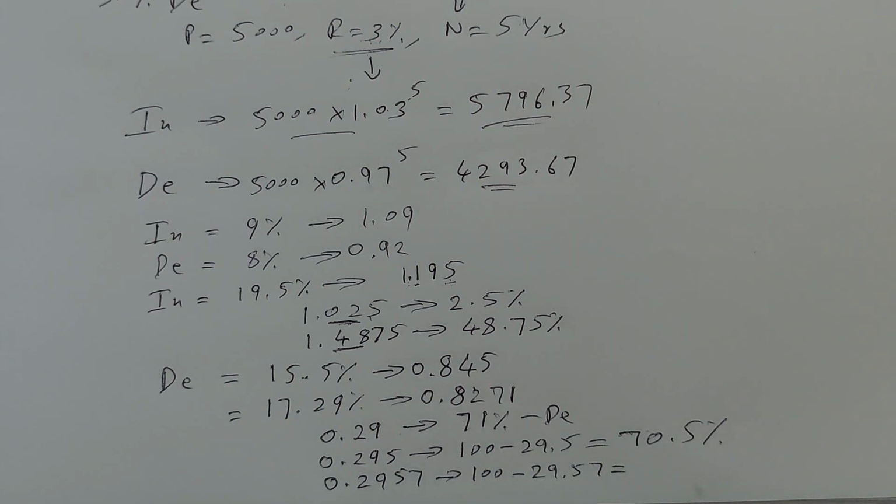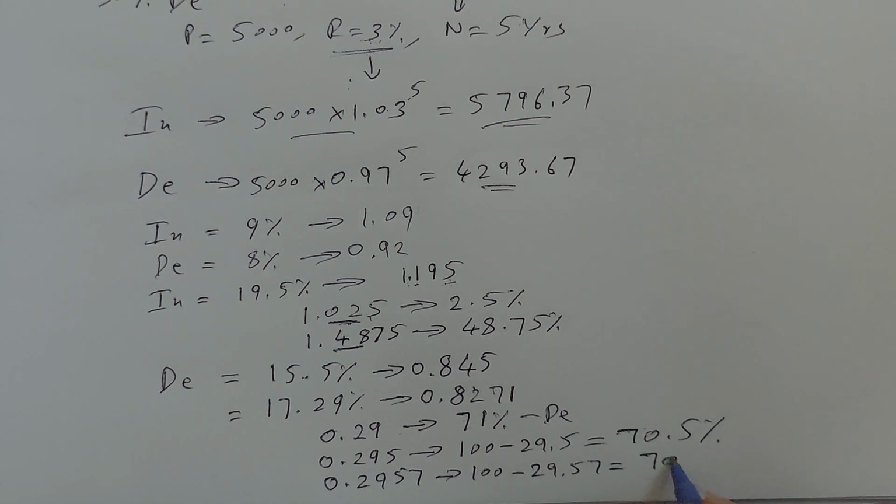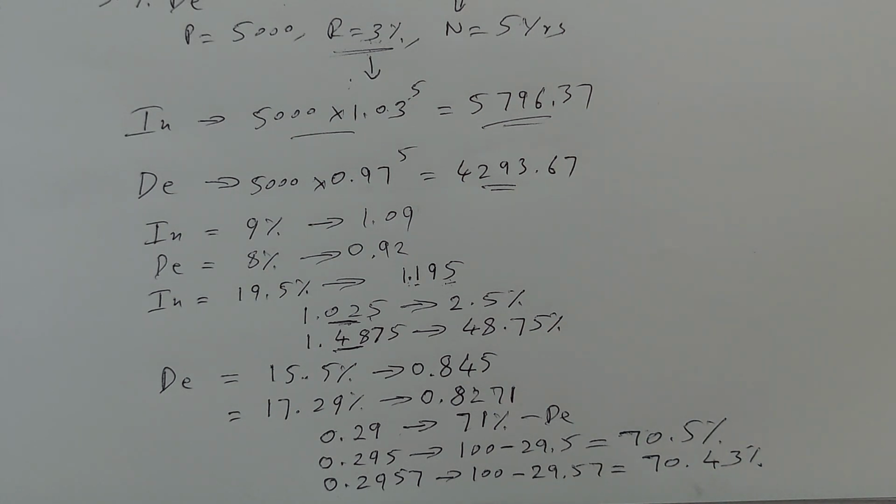If you can calculate it in your mind, you can, but that's the logic of what you have to do. So if it's a decrease, that's what you do, which gives 70.43%.